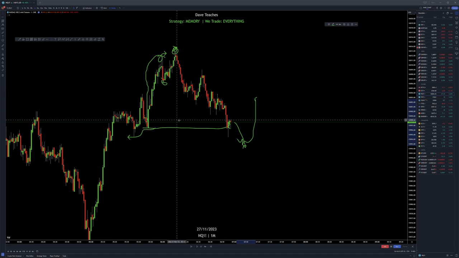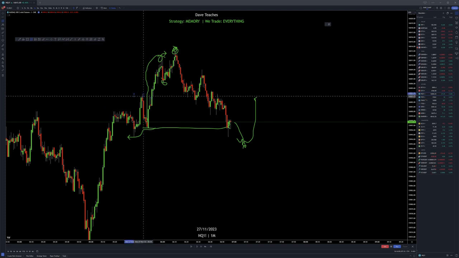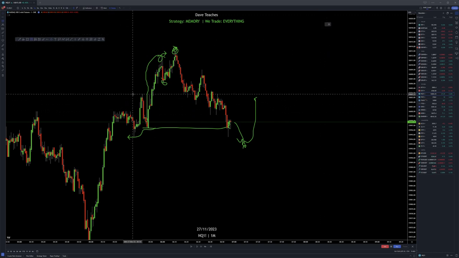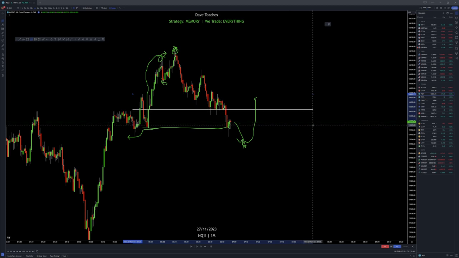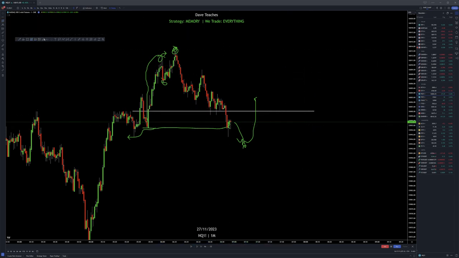But there were still plenty of opportunities in terms of longs. Plenty of opportunities for longs into shorts. Remember, you're trailing, right?